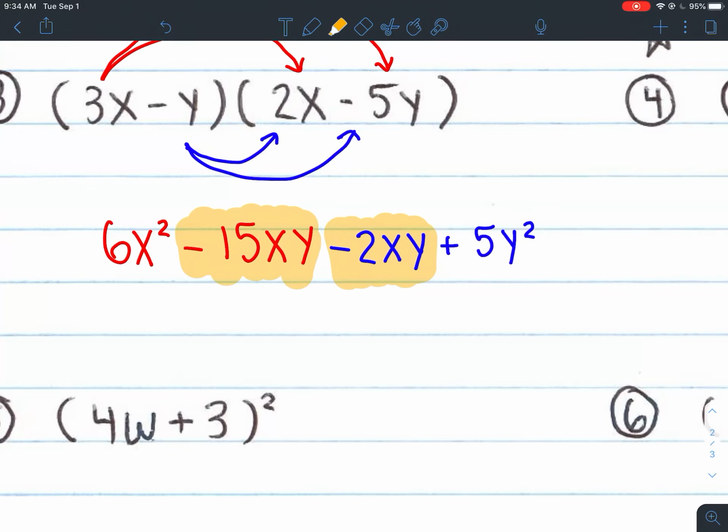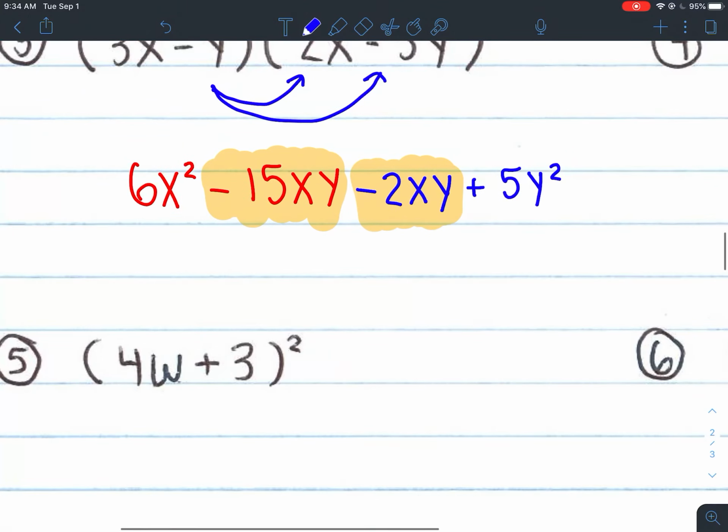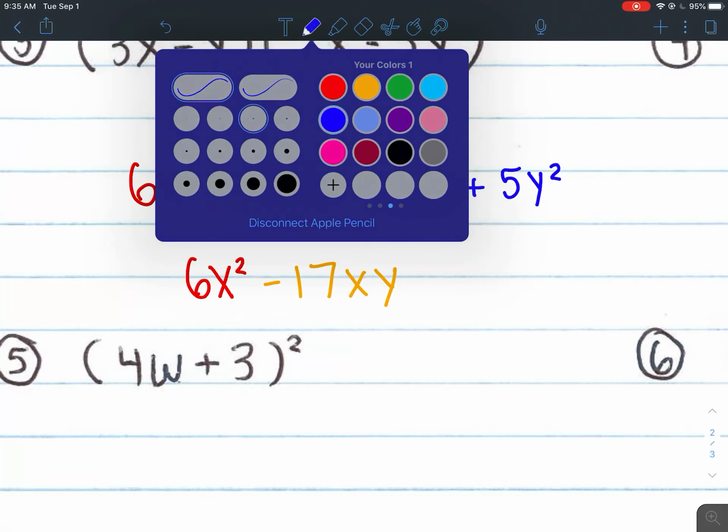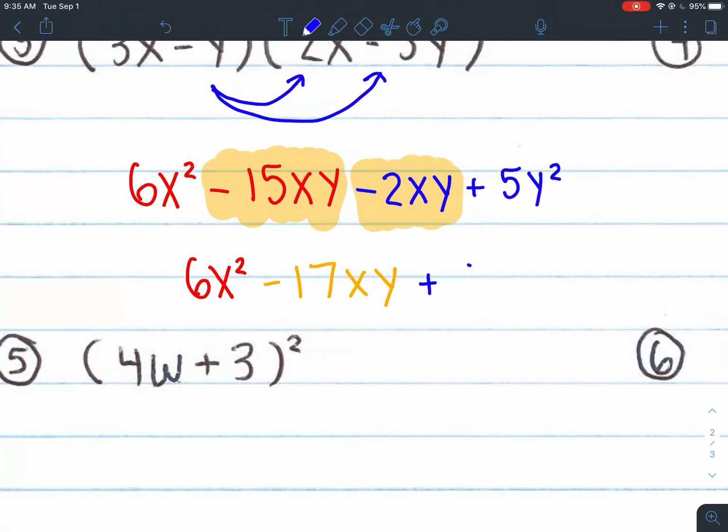These are like terms. They both have an xy, and they're matching exponents and everything. So we have our 6x squared at the front. We're going to combine the negative 15 and the negative 2. So negative 15xy minus 2xy is going to give us negative 17xy. And then we have positive 5y squared.